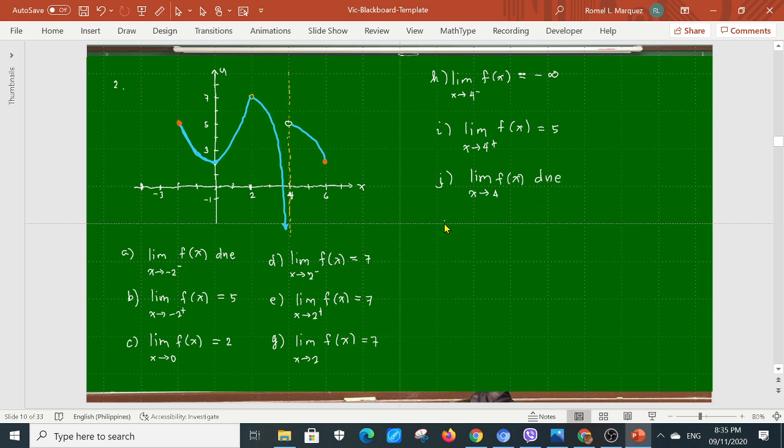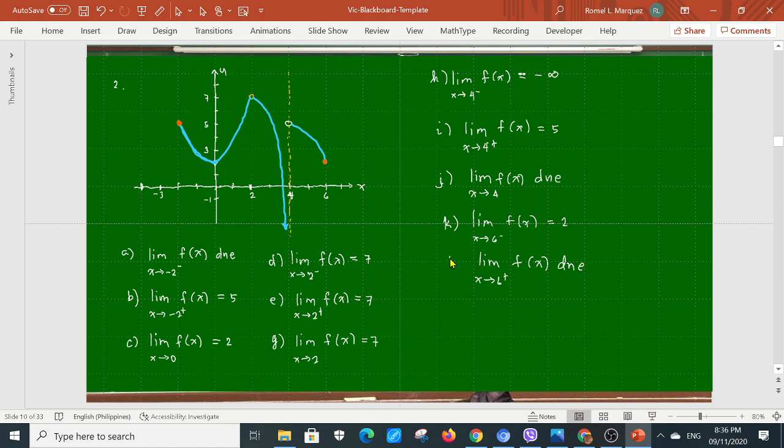Okay? What about A, B, C, D, F, H, I, J, K? What is the limit as x approaches 6 of f of x? From the left, positive 2. From the right, does not exist. Therefore, what is the totality?